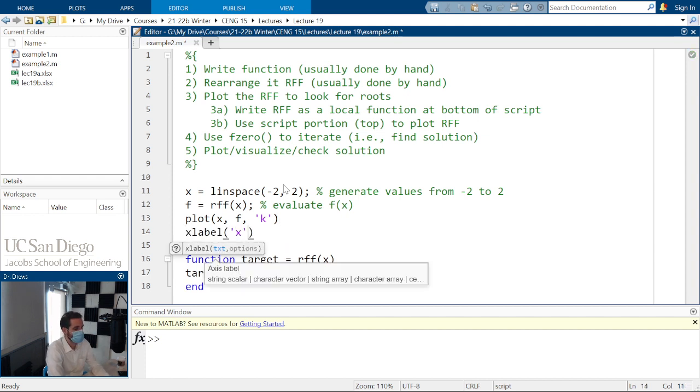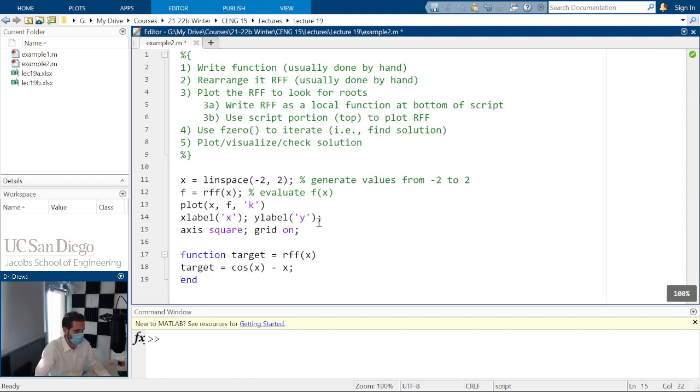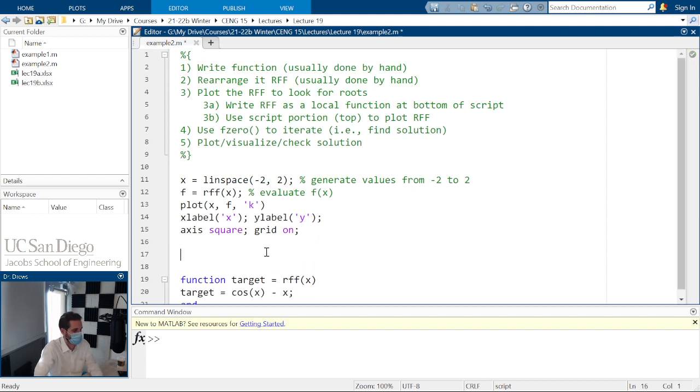We should get in the habit of labeling things. It's always a good idea. Personally, I like it when the axis is square and the grid is on because it helps me find values on the plot. So remember this stuff down here, that's our local functions.